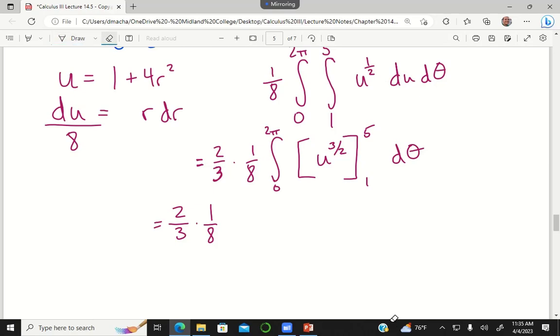I can simplify that, can't I? So that's going to be 1 over 12 times the integral from 0 to 2 pi of the square root of 5 cubed, or I could say 5 square root 5, minus 1.